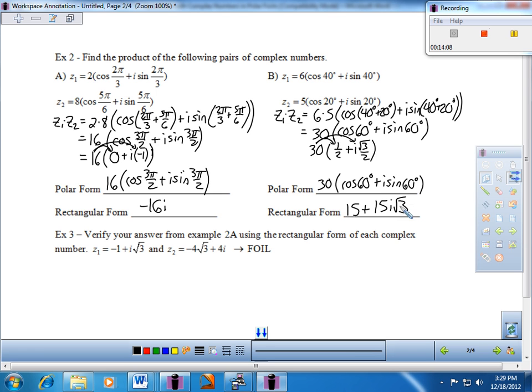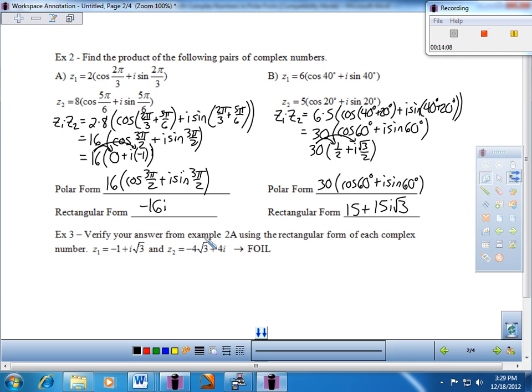So example 3, it says, verify your answer from example 2a using the rectangular form of each number. So I took a little time, guys, on your notes worksheet, and I converted that to rectangular form. That's actually this right in here. And I took this, and I converted it to rectangular form. That's this piece right here.